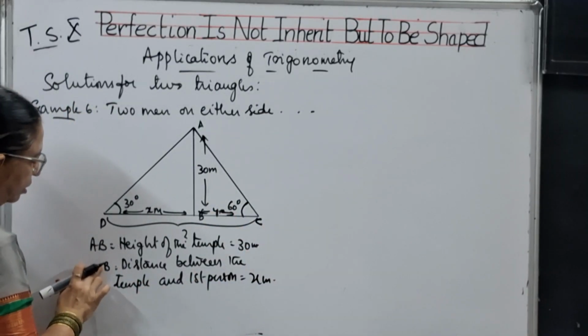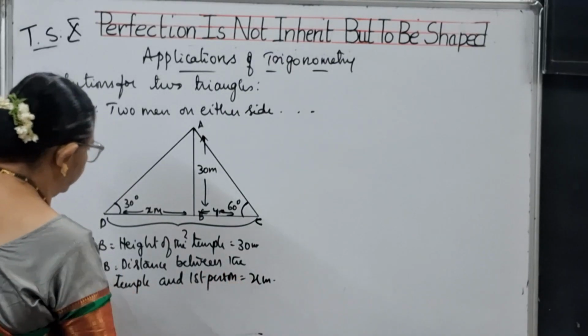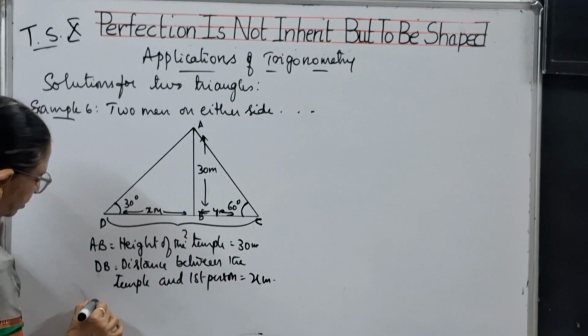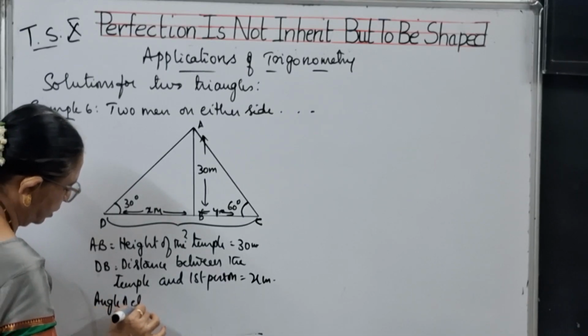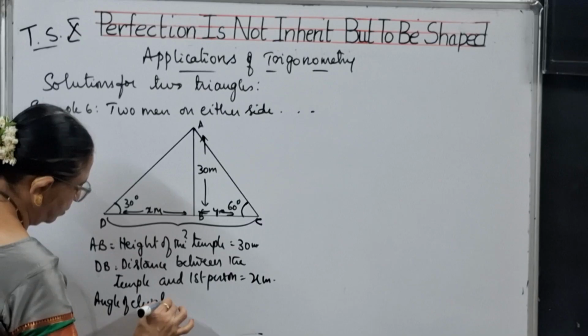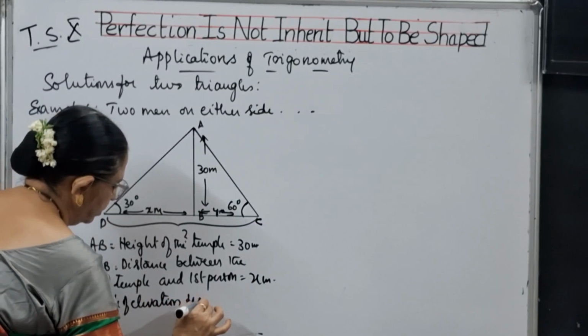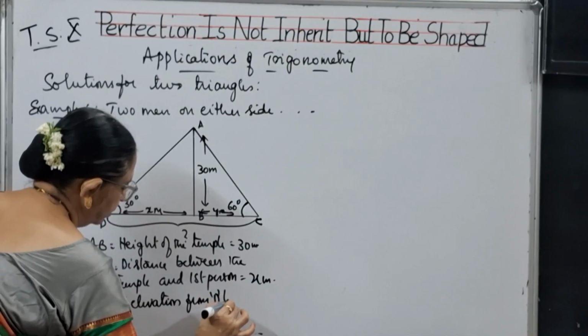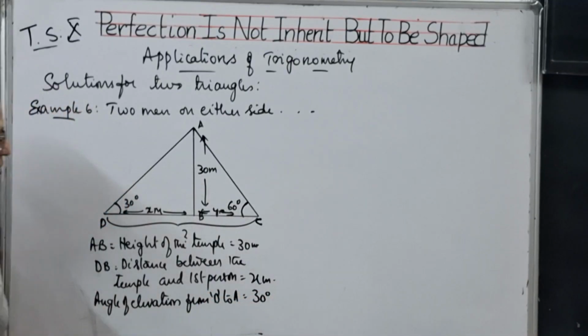Sorry children, DB, I said 30 degrees, no. DB is the distance, x meters. Then the angle of elevation from D to A is equal to 30 degrees.